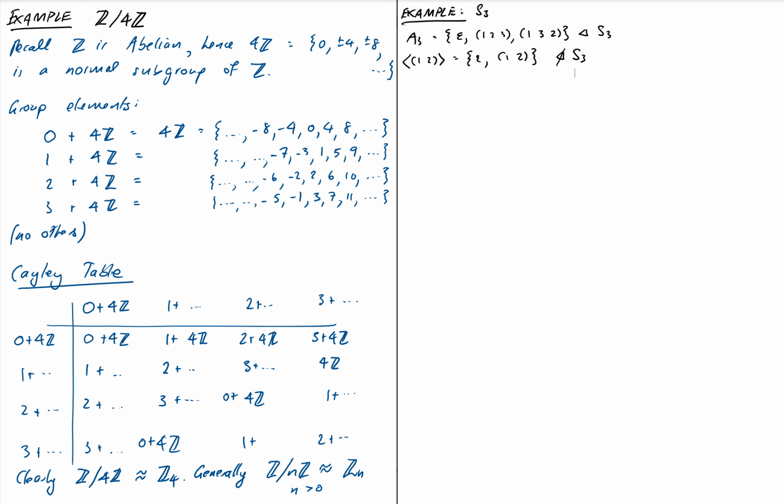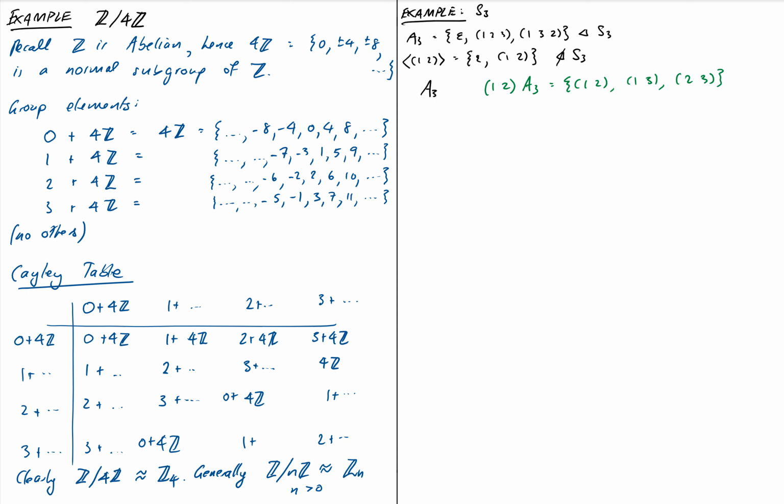So we can actually observe this property in the Cayley table of the group itself if we color code the cosets different colors. So I'm going to draw the Cayley table of S3, and the elements of A3 are going to be black, and my other coset, (1 2) times A3, I'll write those elements down in green. So remember, these are the elements (1 2), (1 3), and (2 3).